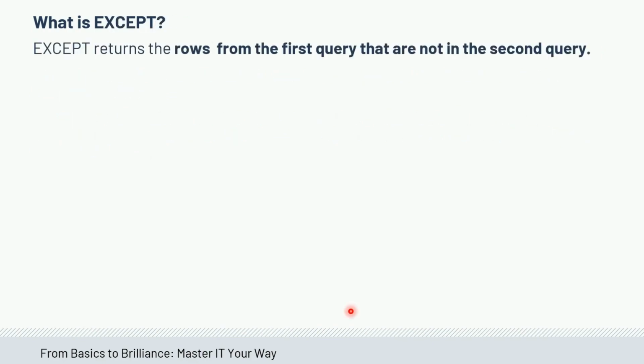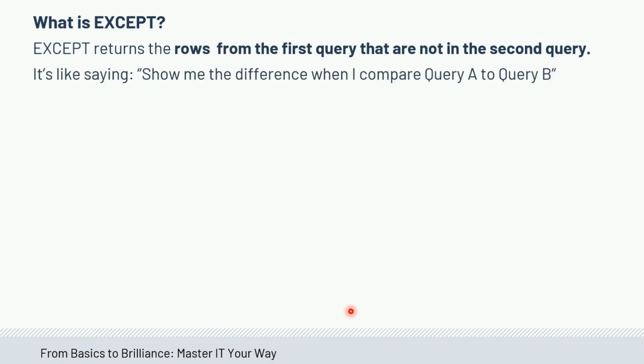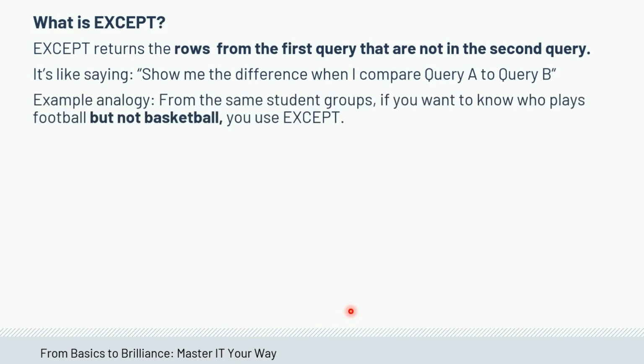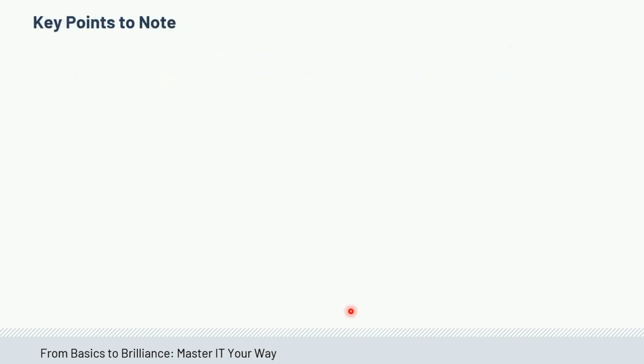And with EXCEPT, it returns the rows from the first query that are not in the second query. It's like saying, show me the difference when I compare query A to query B. An example from the same student groups, if you want to know those who play football but not basketball, you use EXCEPT. There are a few key points to note.